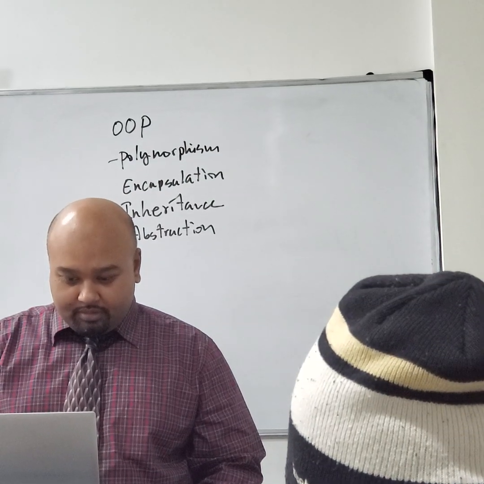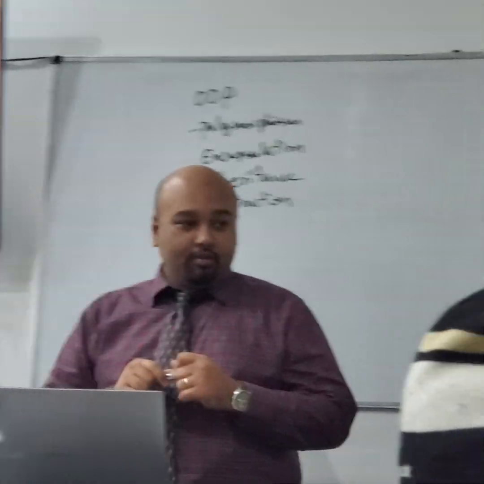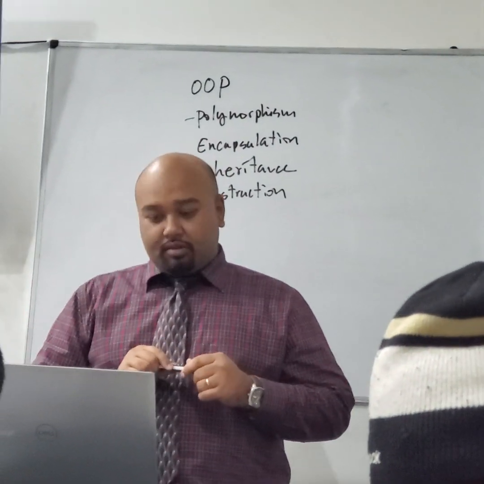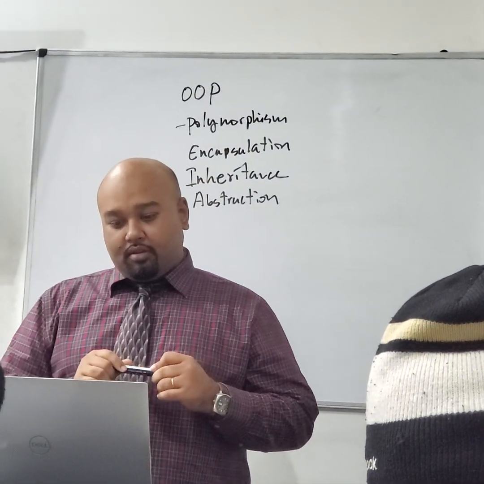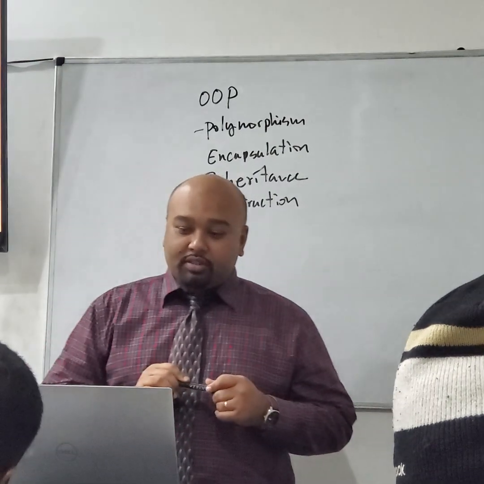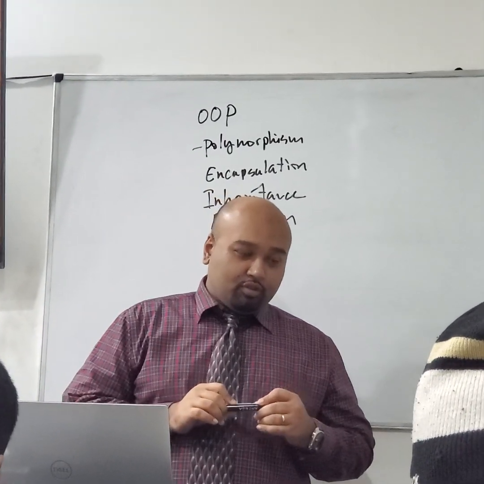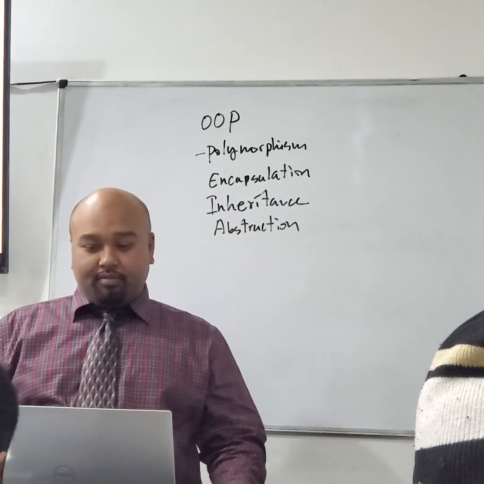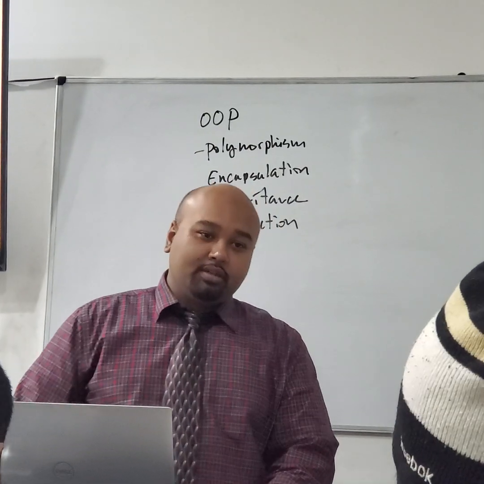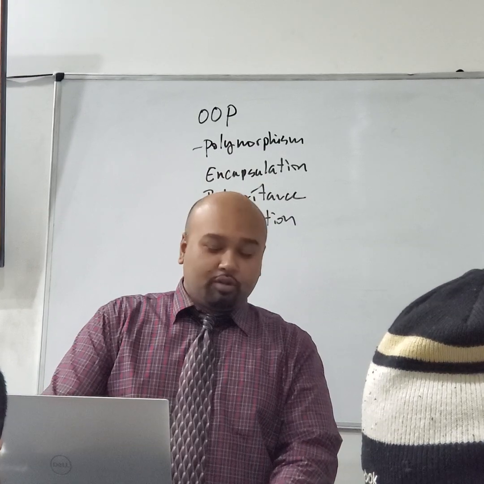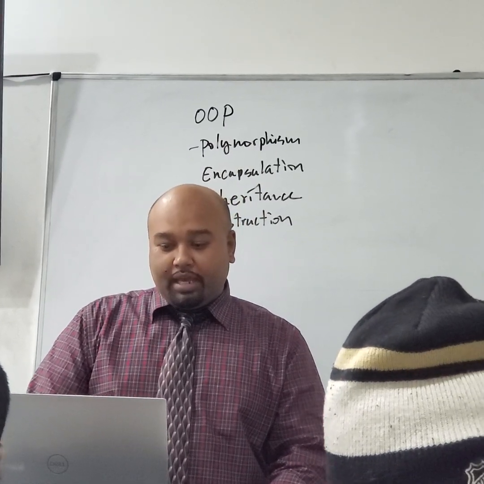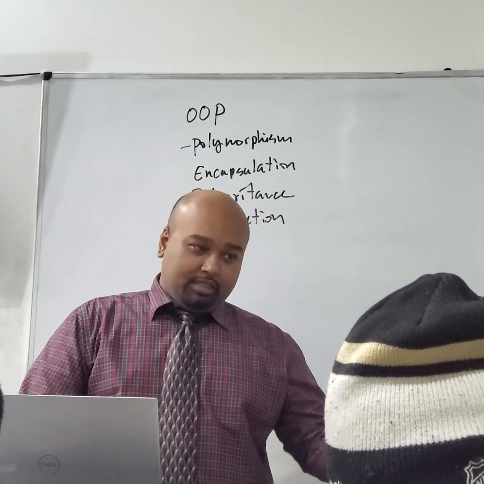Let's see. Abstract: signature but no body, no description. Yes, so there are abstract classes and abstract methods. We gave an example of an abstract method, right? Method name, as he said.